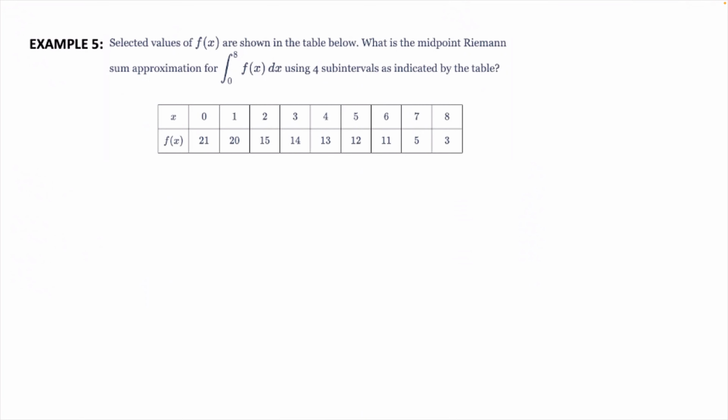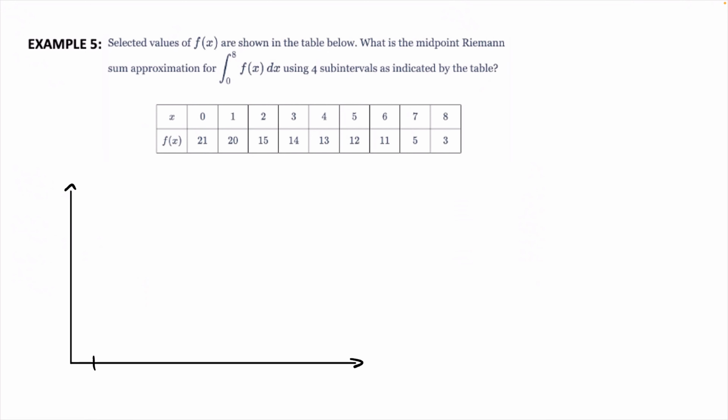So for the first one, let's make a little picture here. I'll show you how to do it with a picture, and I'll show you how to do it without a picture, and then you can decide what you want. Okay? So we go from 0 to 8. 1, 2, 3, 4, 5, 6, 7, 8.